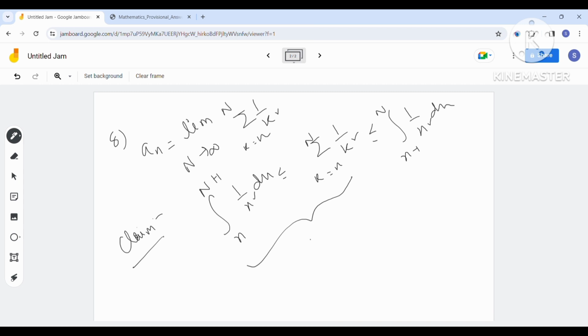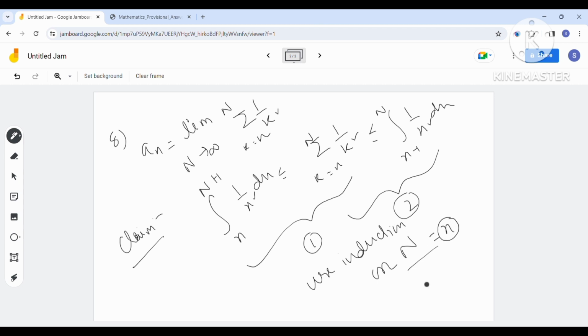You can think of this as statement 1 and statement 2, and then use induction on capital N. Since this integral starts from n plus 1, you can start induction at N equal to n, then assume it for some i, and show that it is true for i plus 1 also.